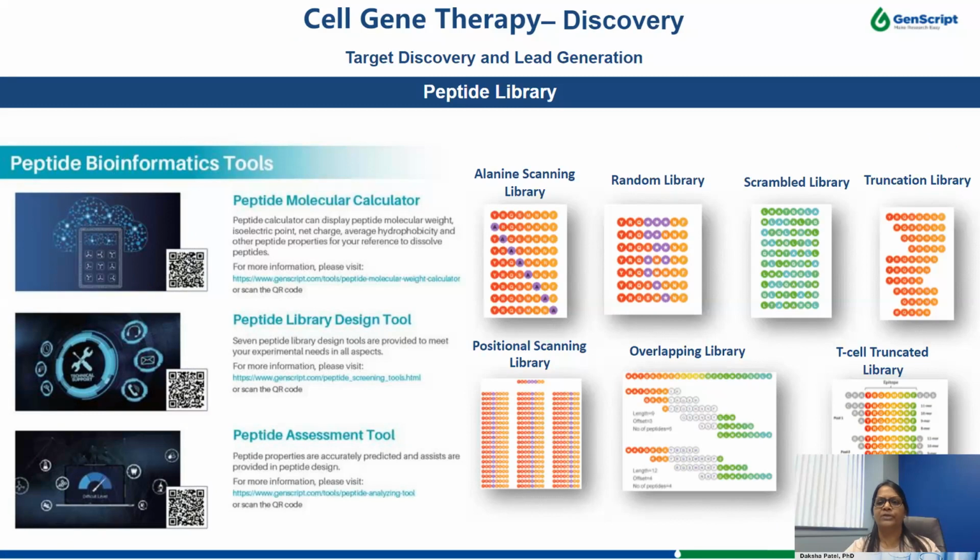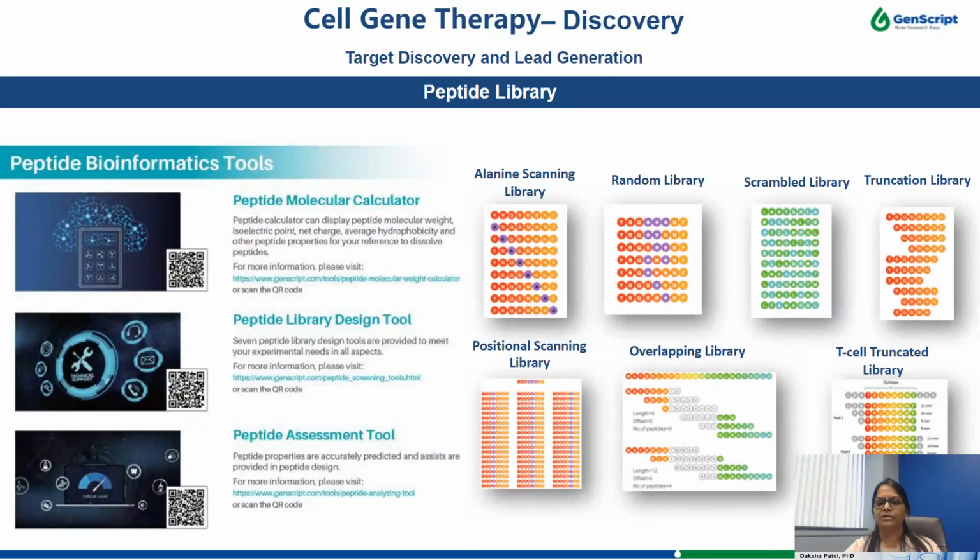We also offer free online peptide library design tools, which help to generate different peptide libraries based on your application. And peptide libraries allow scientists to quickly identify the most important peptides for binding interactions. For example, in the case of T-cell applications for cancer, libraries have been used to identify specific ligands which can recognize the tumor cell.